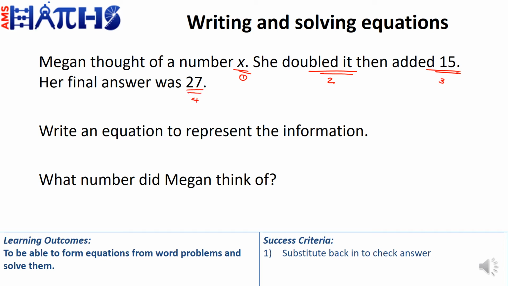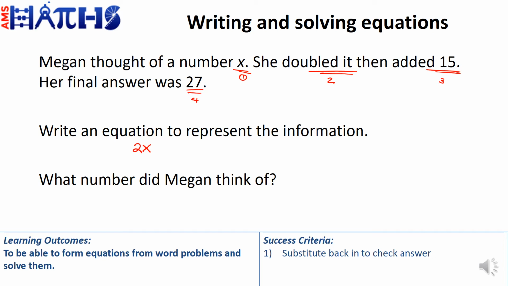So she started with X, whatever her number was, doubled it, so we know we need to multiply that by 2, then add 15. So the equation would have been X for Megan, but because it's doubled, it becomes 2X. So we've done number 1 and 2.